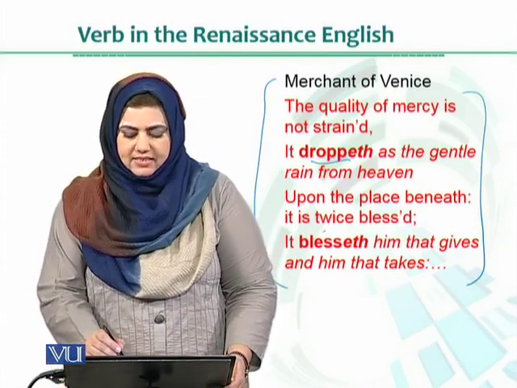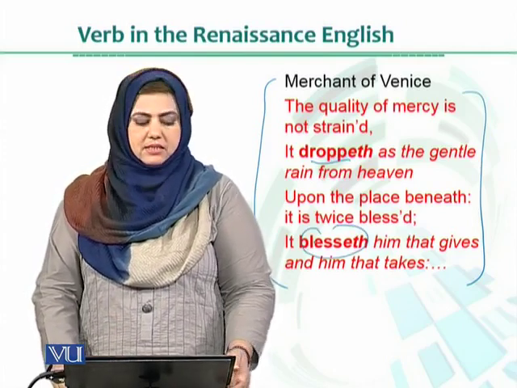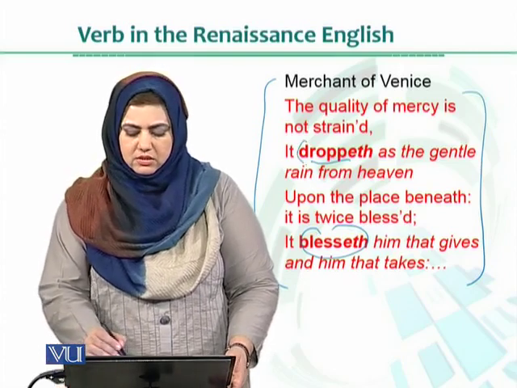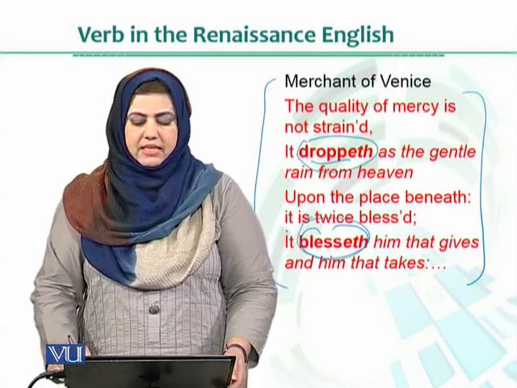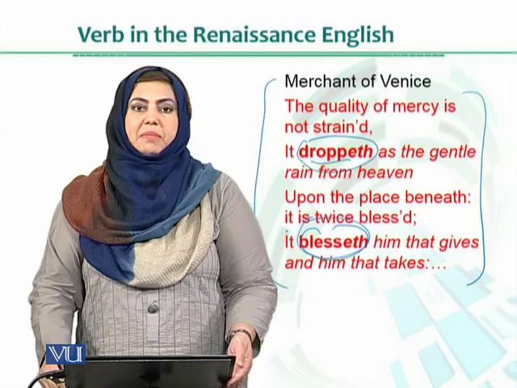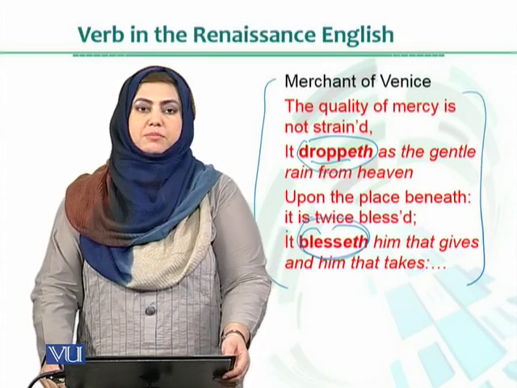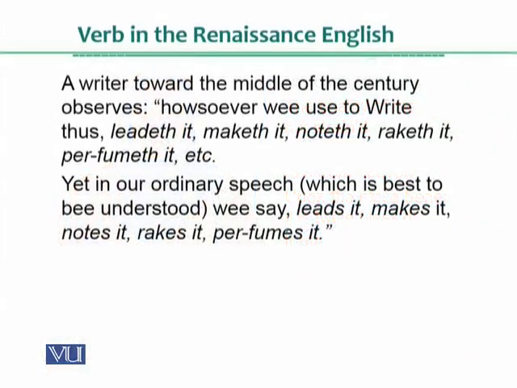It blesseth him that gives and him that takes. So, these uses of droppeth and blesseth would go parallel with the uses drops and blesses. So, both the varieties were coexisting.